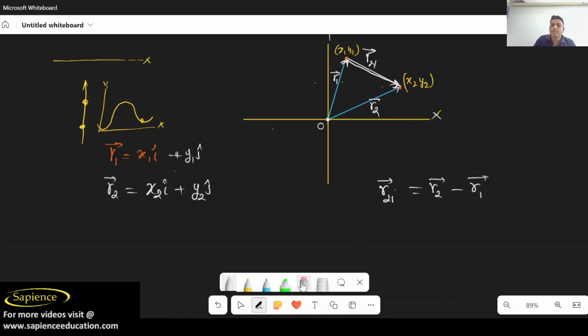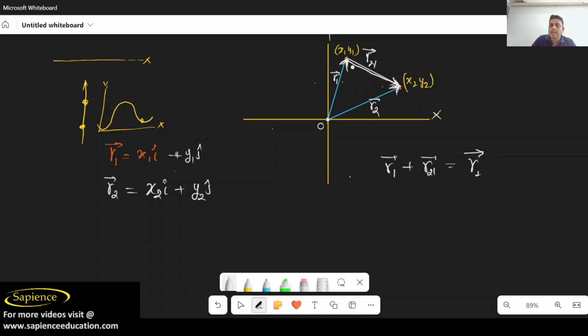You should remember the vector addition, the triangle law of vector addition. R1 is a vector, R21 is a vector, and R2 is a vector. Since R1 and R21 are in the same direction, can we write R1 vector plus R21 vector is equal to R2 vector as per the triangle law of vector addition.